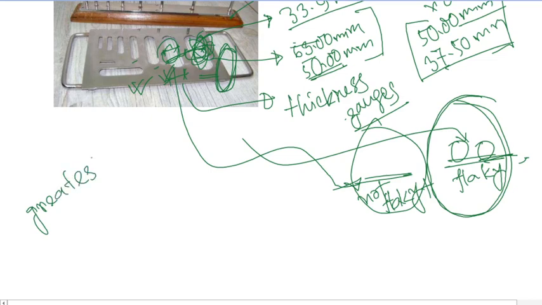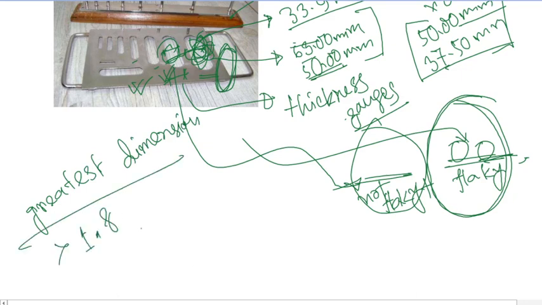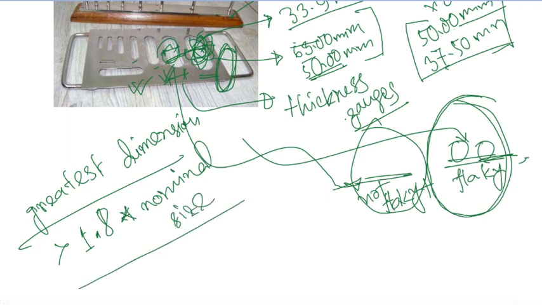If the greatest dimension of any particle is greater than 1.8 times the nominal size of the aggregate, then it will be denoted as an elongated particle. Remember, in both cases it is not greater than or equal to or less than or equal to.